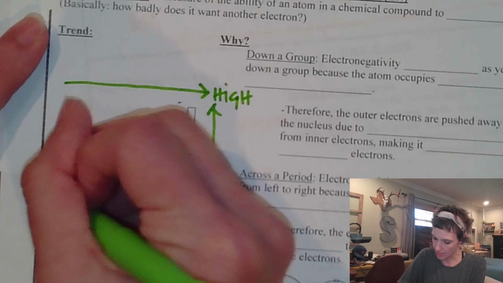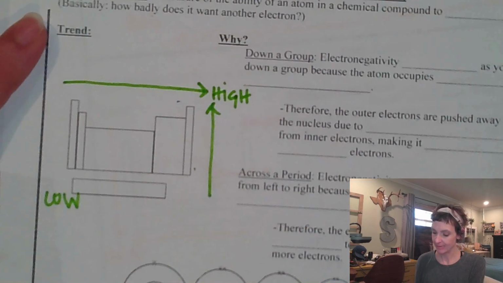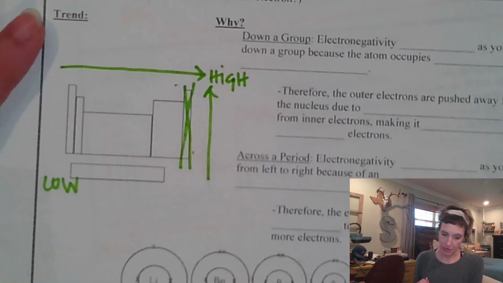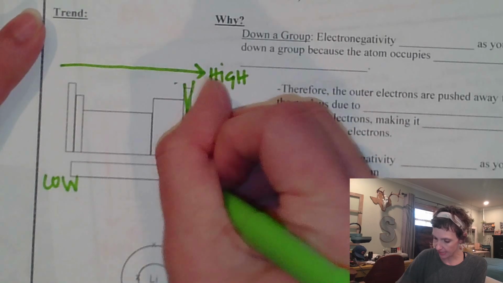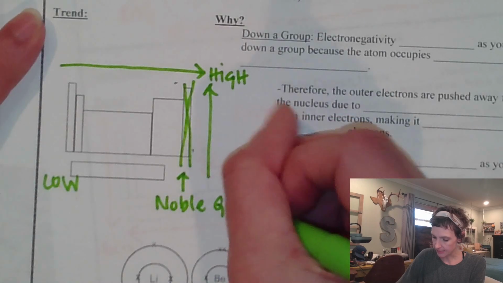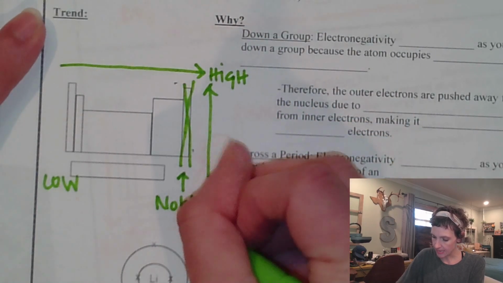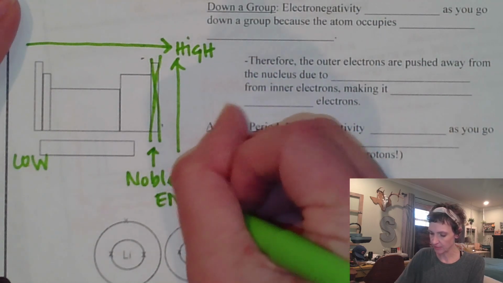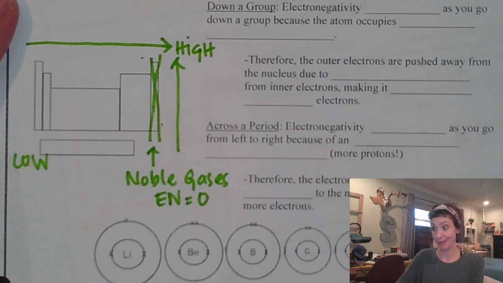And my low down here. Yes? And then we are going to put a big ol' X for my noble gases, right? So we're going to say noble gases EN, that's the symbol for electronegativity, equals 0. They're good. They don't want nothing.